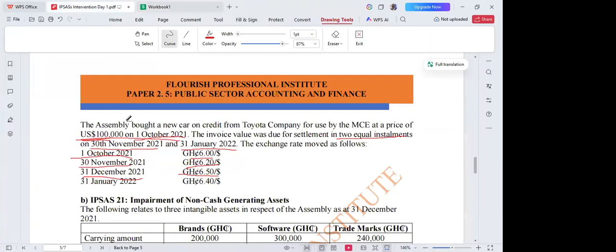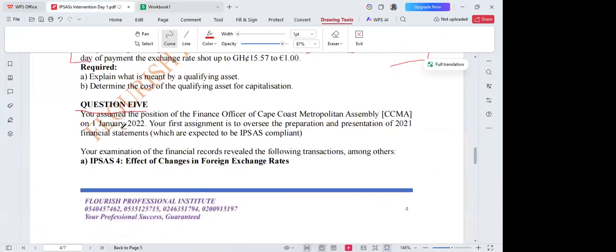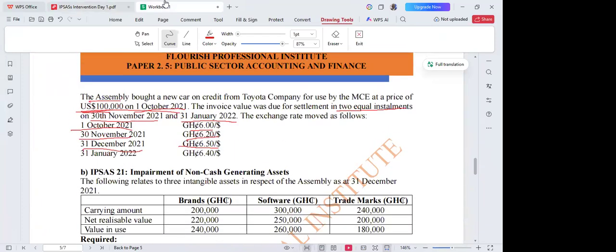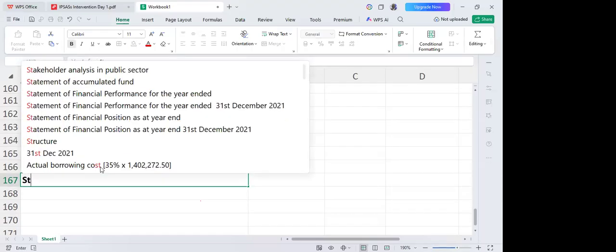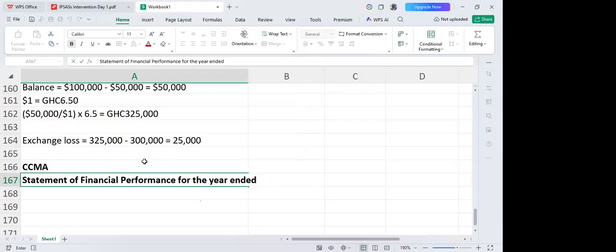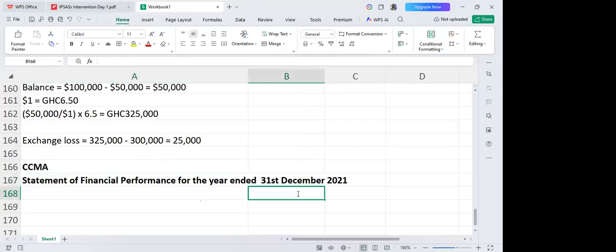When we are done, in our reports, now we present what we are doing. So yeah, it says CCMA, right? That's the name of the assembly. The assembly on top here, they say it's Cape Coast Metropolitan Assembly. So we'll do CCMA. Prepare statements of financial performance for the year ended 31st December 2021.